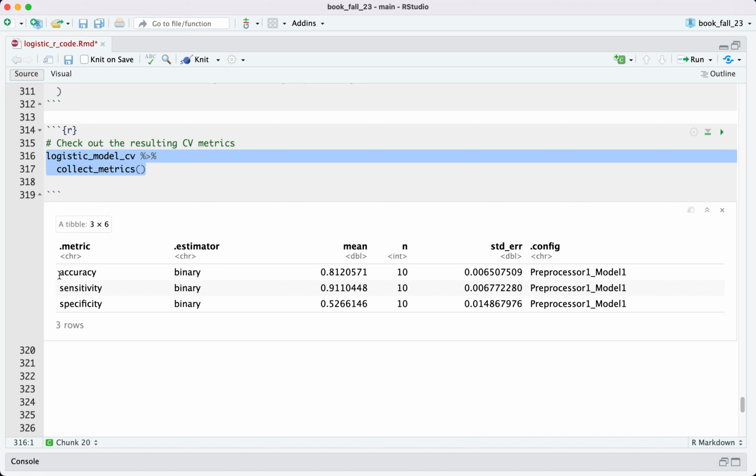So this indicates that our cross-validated estimate of the overall accuracy of the model is 81.2%. Our cross-validated estimate of sensitivity is 91.1%, and our cross-validated estimate of specificity is roughly 52.7%.